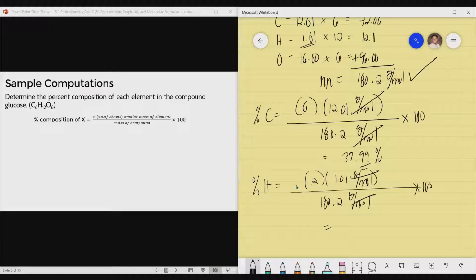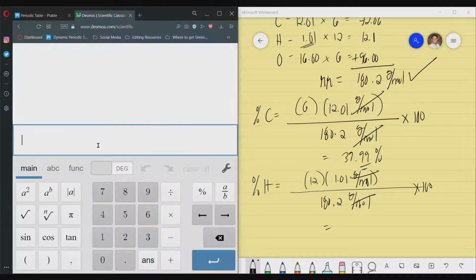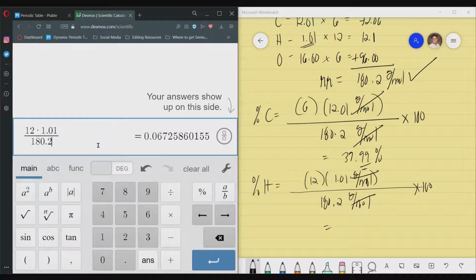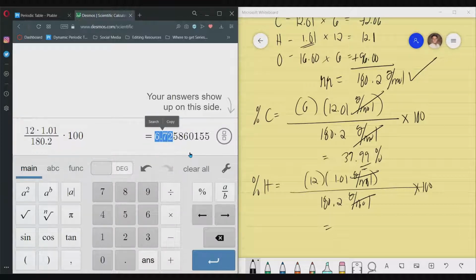So in your calculator, you have 12 multiplied by 1.01 all over 180.2 and then times 100. Again, as a consensus in the context of percent composition, let our answer be up until 2 decimal places. So I'll be writing 6.73 percent.